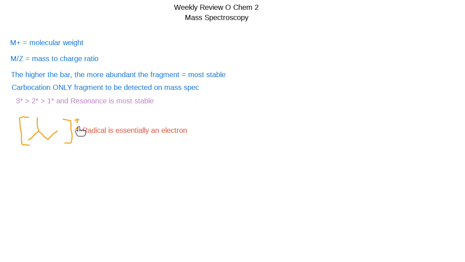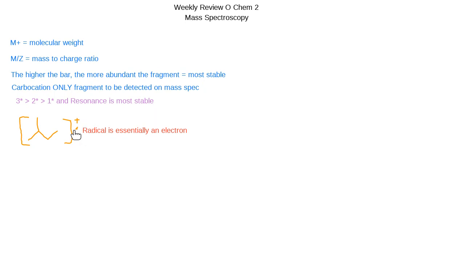When one side gets cleaved, the remaining structure gets the carbocation, and the fragment gets the radical. We'll talk about ranking mass spec fragments later on, but let's learn about cleaving first.